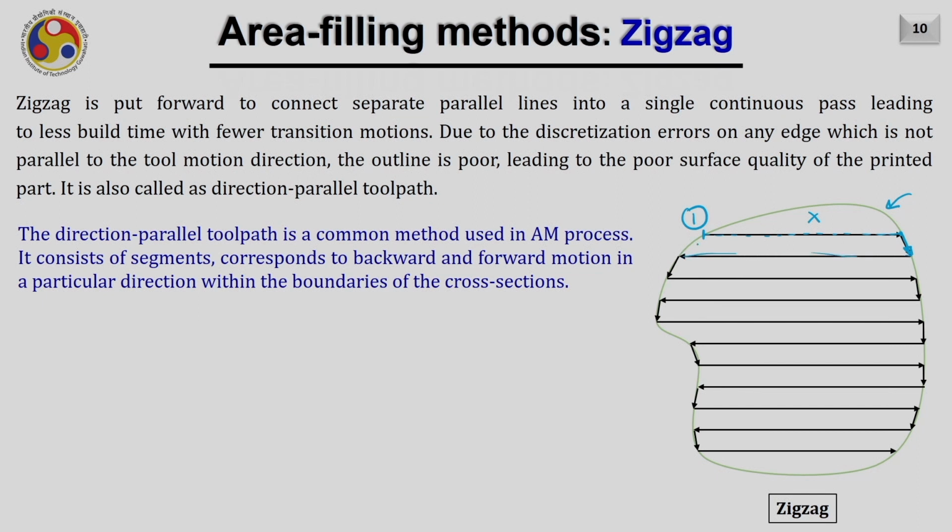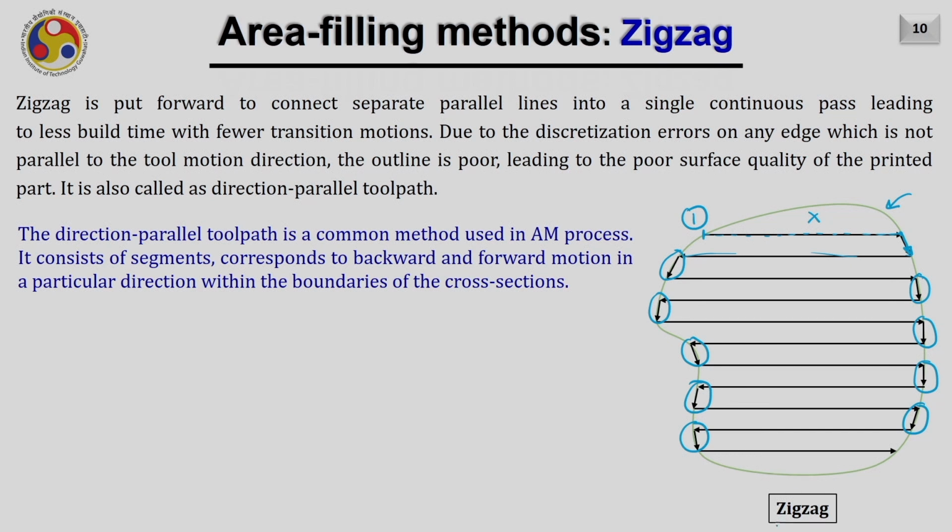Instead, it remains on the slice itself and keeps adding the material, reaches the next line and adds the material. So what is happening here, you can see the edges or the boundary of the contour are approximated by linear edges like this. However, due to the discretization error on any edge which is not parallel to the tool motion direction, the outline is poor, leading to poor surface quality of the printed part.